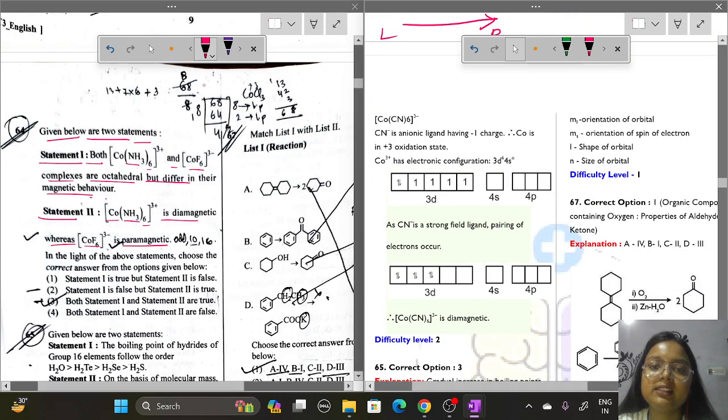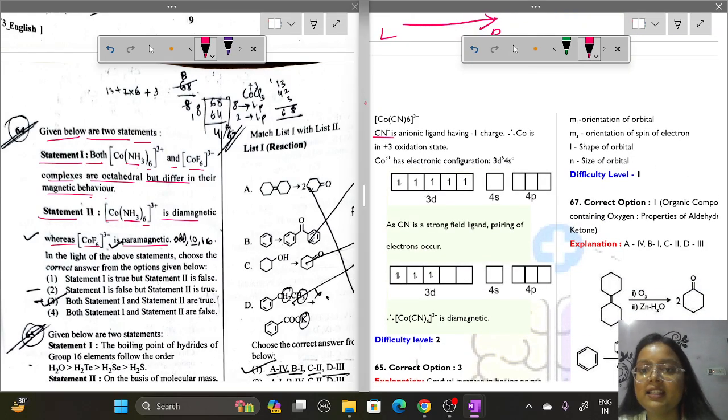Now, if we consider [Co(CN)6], CN is an anionic ligand with minus 1 charge, so Co is in plus 3 oxidation state and also has 4 unpaired electrons. CN is a strong field ligand and fluorine is a weak field ligand. So CN will cause the pairing of electrons.